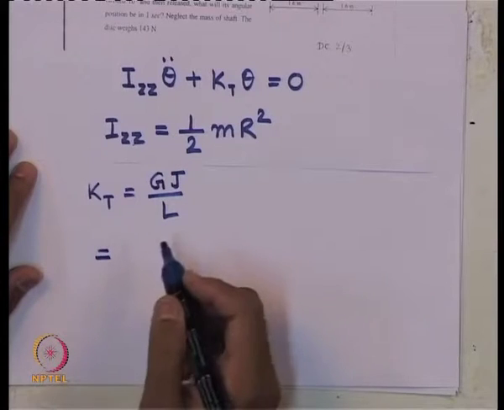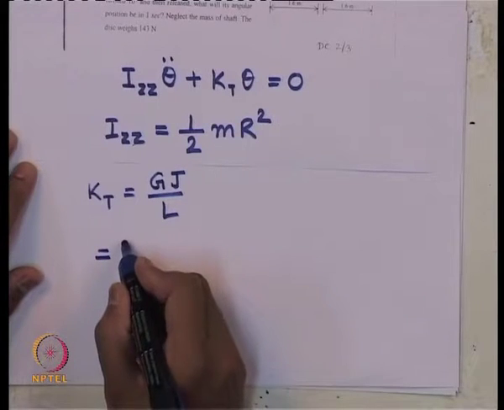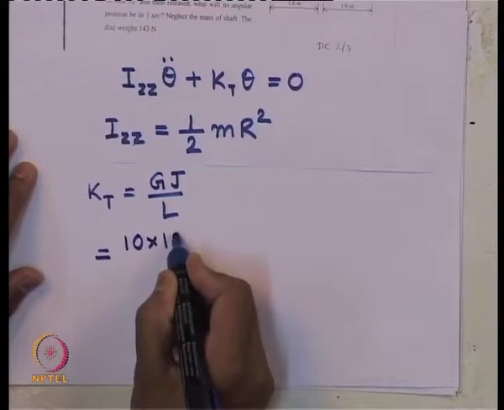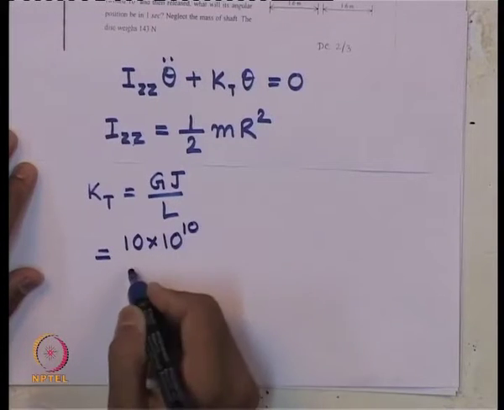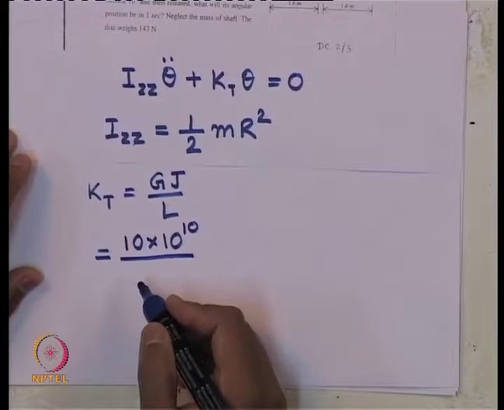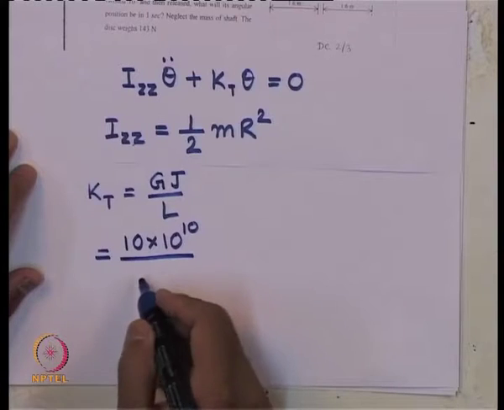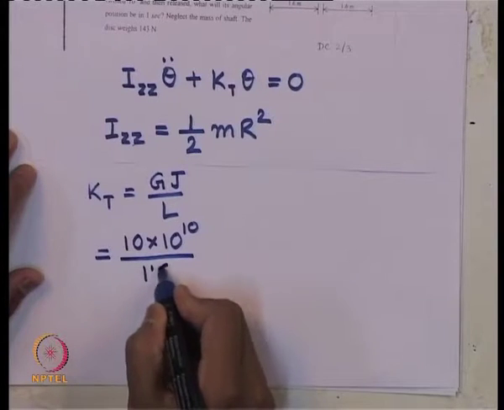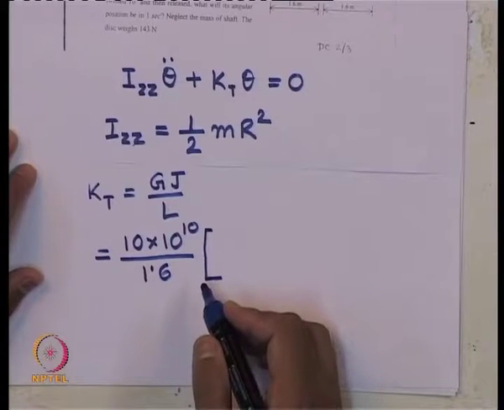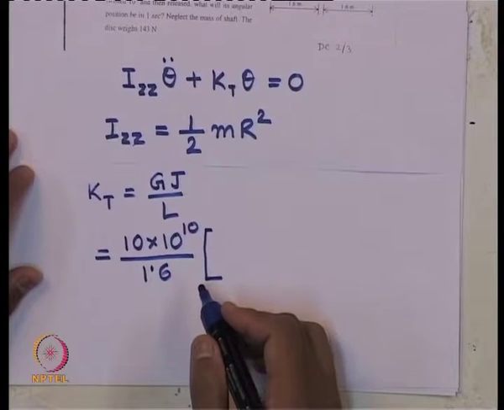G is constant for both the shafts, it is 10 into 10 to the power 10. The lengths of both the shafts are equal, so that also we can take common, 1.6 meter, but the diameters of the two shafts are different.